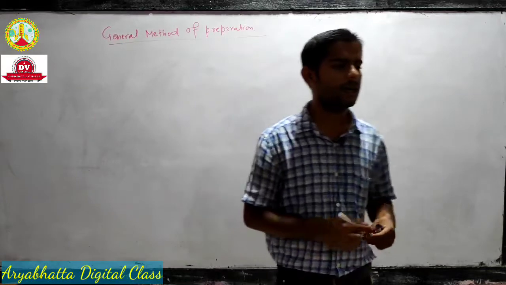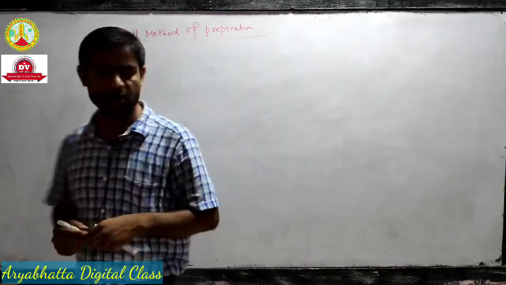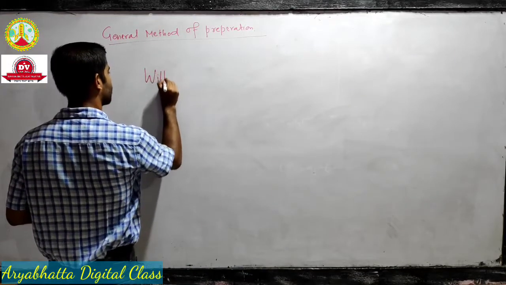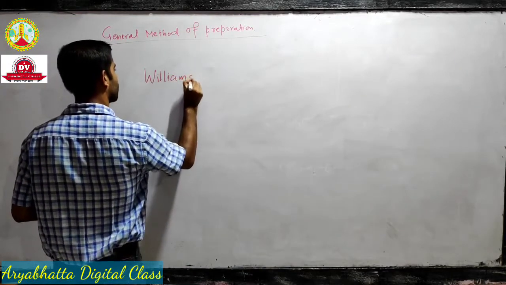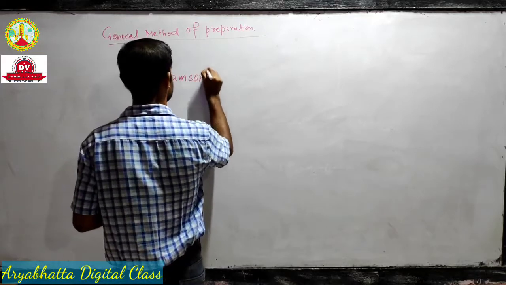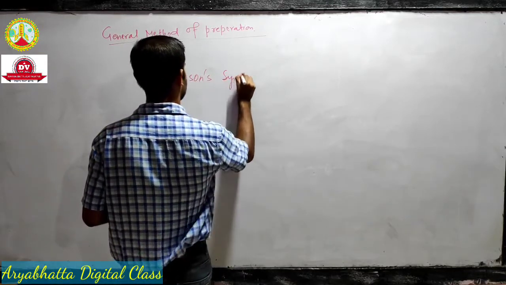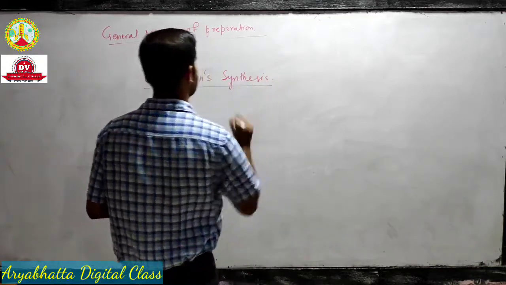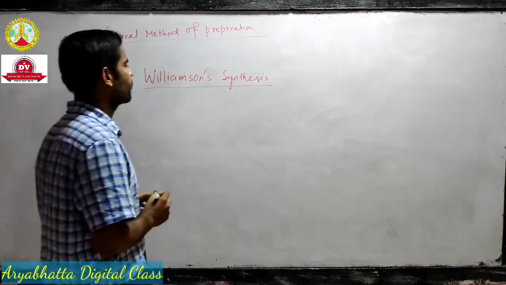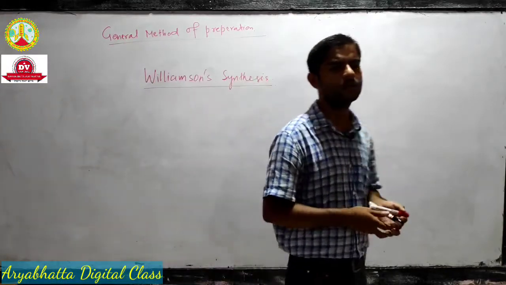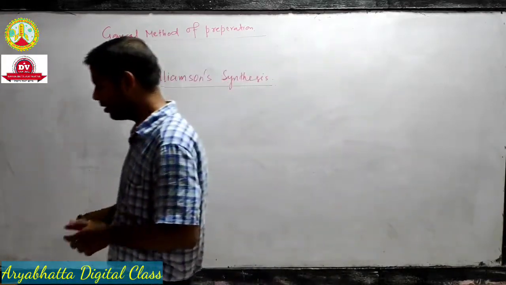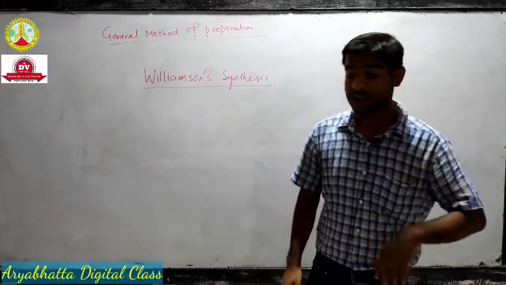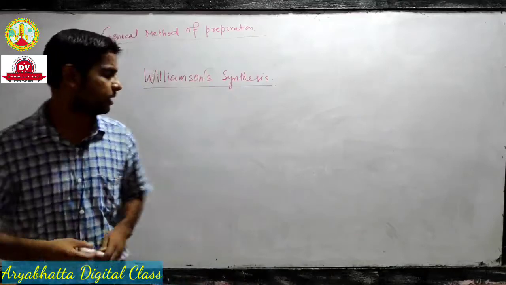Now we will discuss a named reaction, and the reaction is called Williamson synthesis. Since it's a named reaction, this reaction is very important. We know that named reactions are important. So what happens in Williamson synthesis?